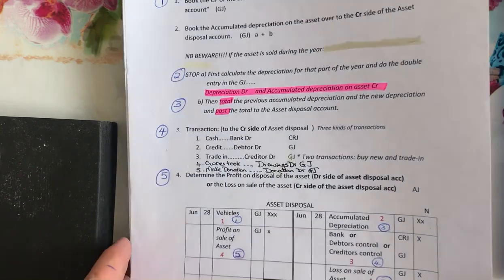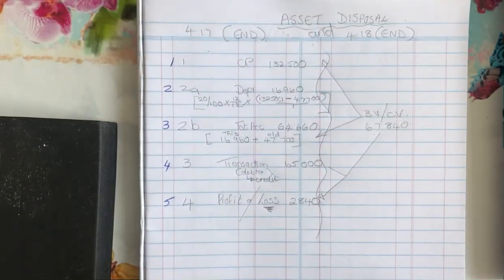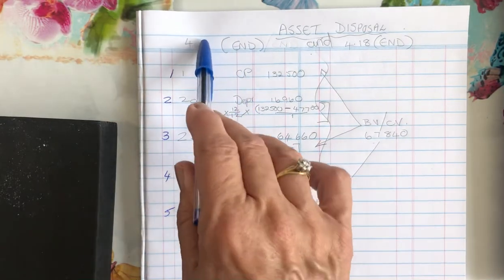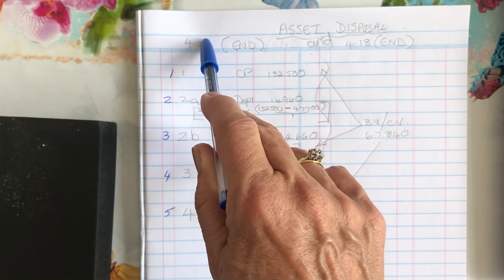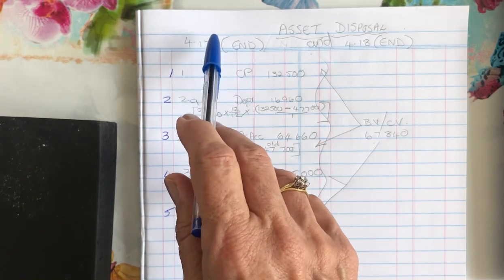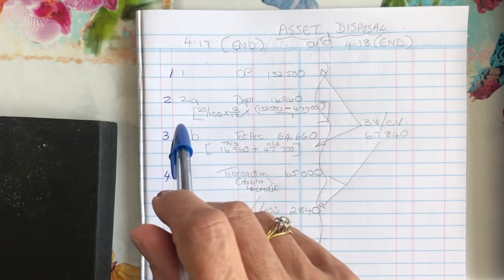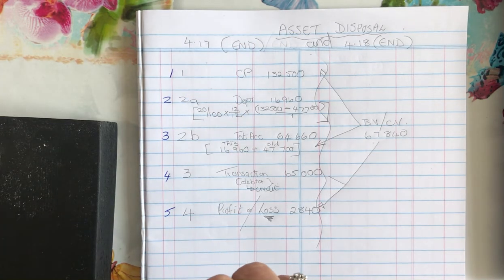So let's go to exercise 4.17. If you read exercise 4.17, then you say that on the 28th of February, the end of the financial period, the following balance appeared. So they give you the end of the year balances. So obviously, you'll have to look whether the depreciation for the year was included or not.